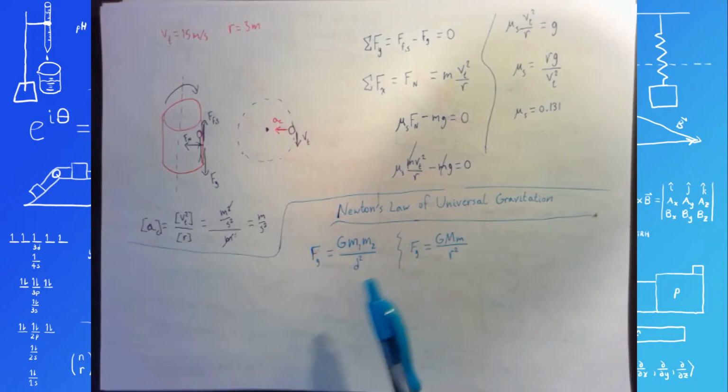This distance is specifically not the distance between the surfaces of the two objects, but the distance between the centers of gravity of the two objects. We can talk about that more in the upcoming chapter, especially for the Physics C students who will actually have to calculate center of mass.